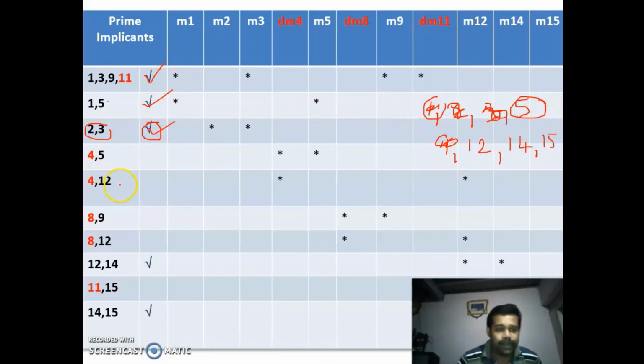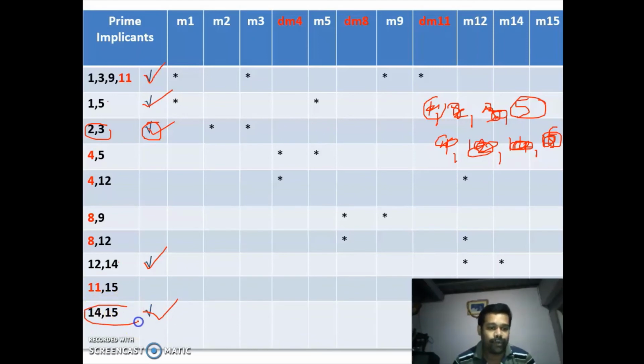Now next, 12. 12 is present in 4, 12, 8, 12 and 12, 14. If you tick 12, 14, both 12 and 14 get satisfied. The only one now that needs to be ticked is 15. 15 is present in two places, 11, 15 and 14, 15. But 11 is a don't care, so leave it and tick 14, 15.